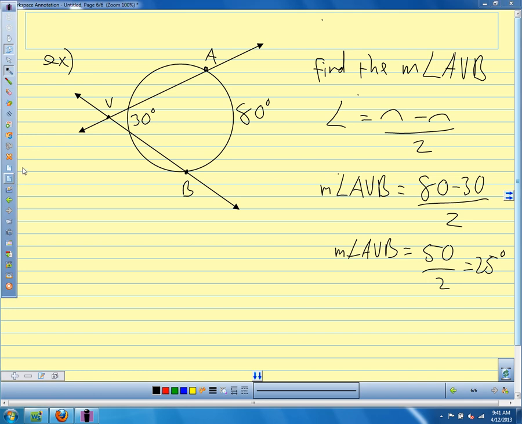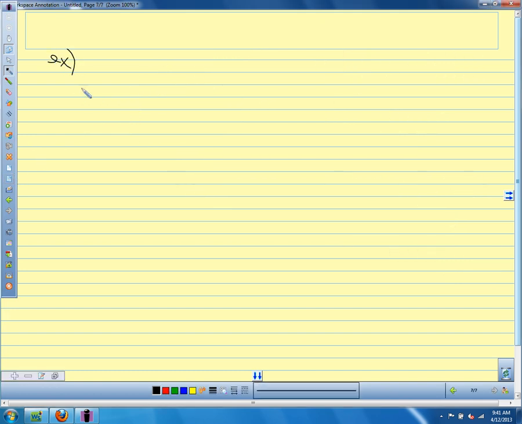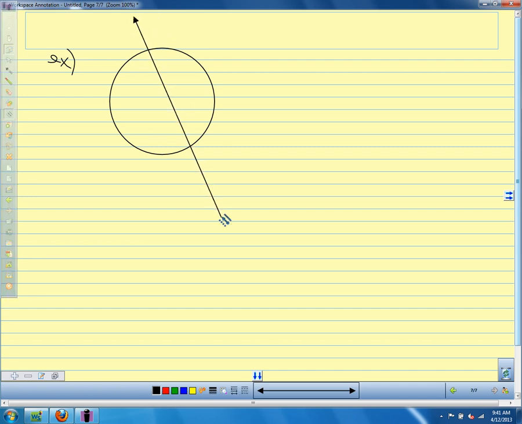All right. So let's look at one where we're finding the arc rather than the angle. So here's my problem. And we know that this is 130 degrees. This arc is x degrees. And my angle, it's kind of small, I can't write it in there, so we'll call it AVB again.